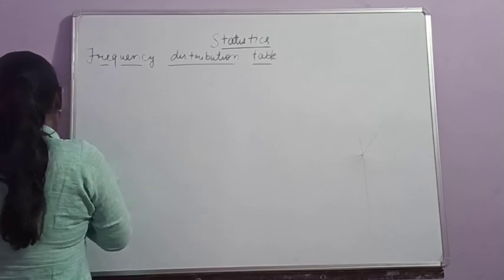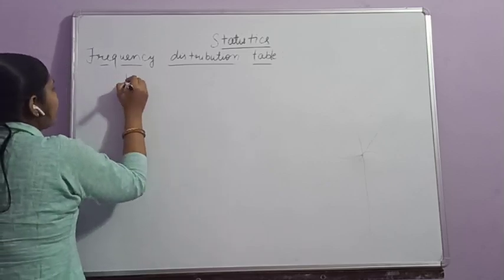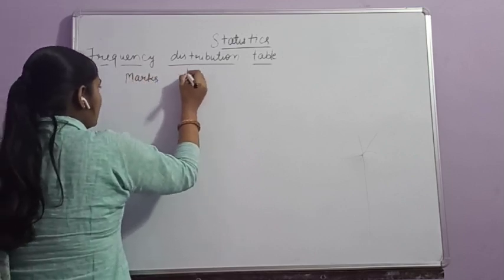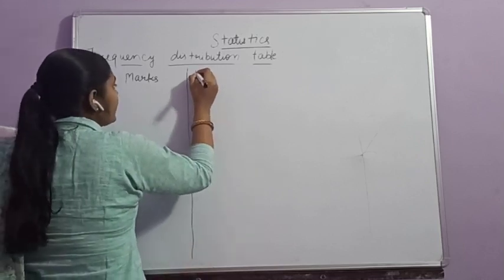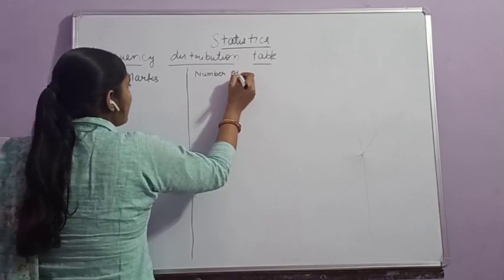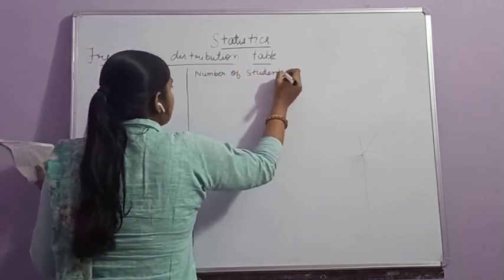For example, marks obtained by 30 students of class 9 of a school are given to us, then we can make a table for that. In one side we write marks and second number of students, or you can say that it is the frequency.